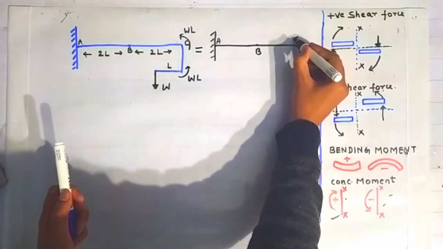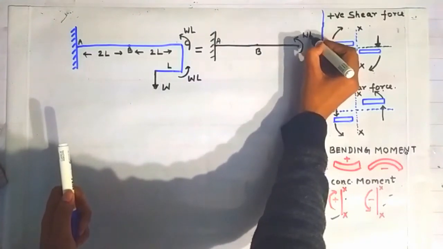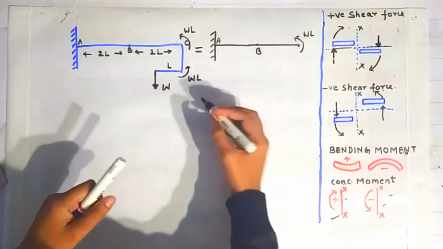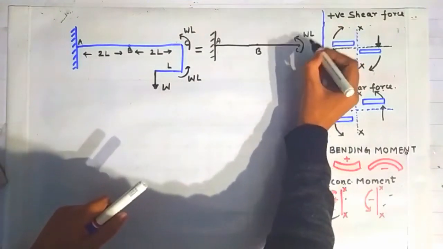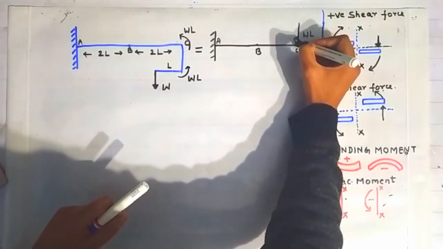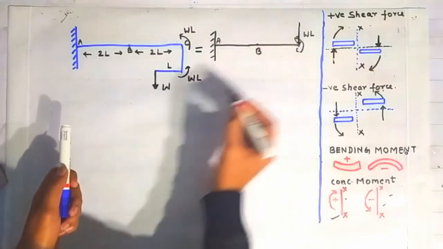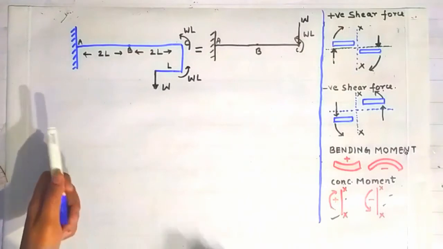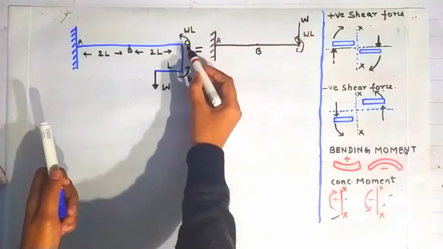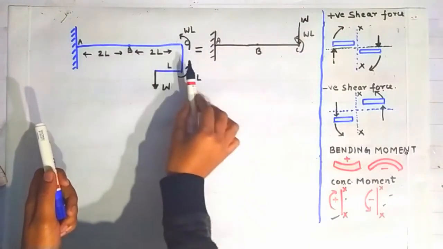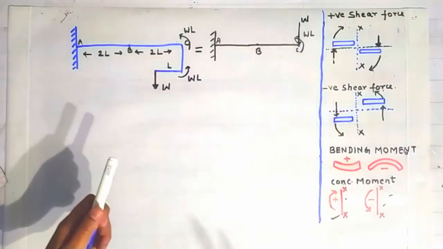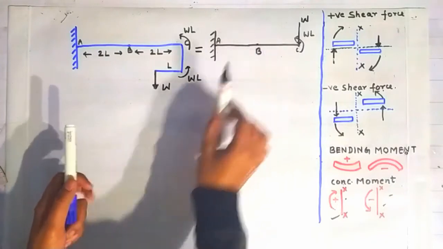I have transferred it in the anticlockwise direction, and also you can transfer this load to this point C like this, and it will act vertically downward. This load can be transferred to the point C without affecting anything in this beam, like I have done here. Now friends, let us solve this problem for this cantilever beam.